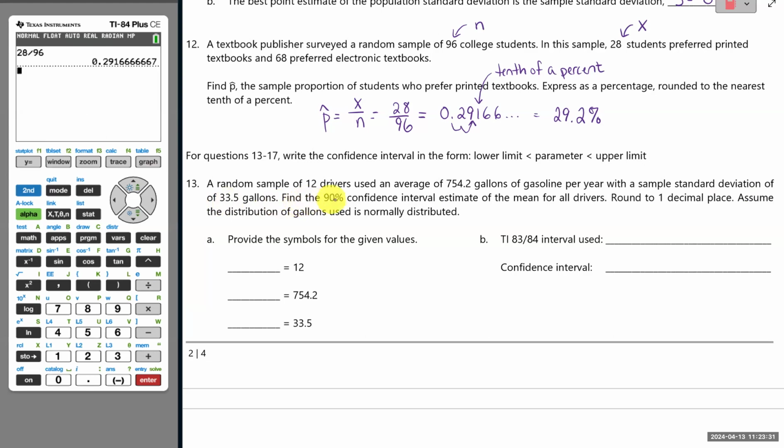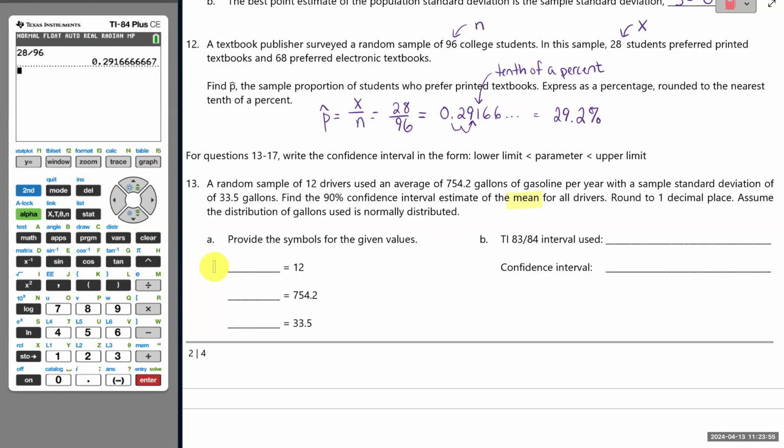We're going to find the 90% confidence interval estimate of the mean for all drivers. I'm just going to highlight there. The parameter we're estimating is the population mean mu. And let's figure out what confidence interval we use on our calculator for this particular problem to find that estimate.